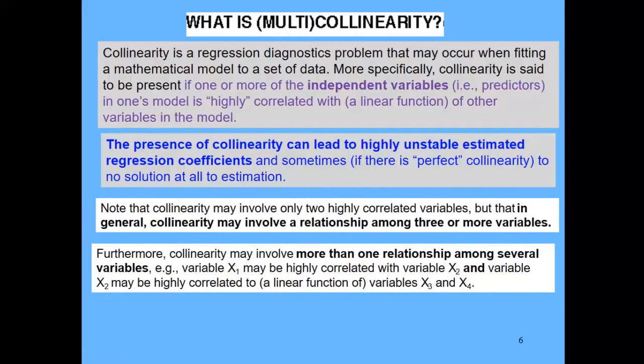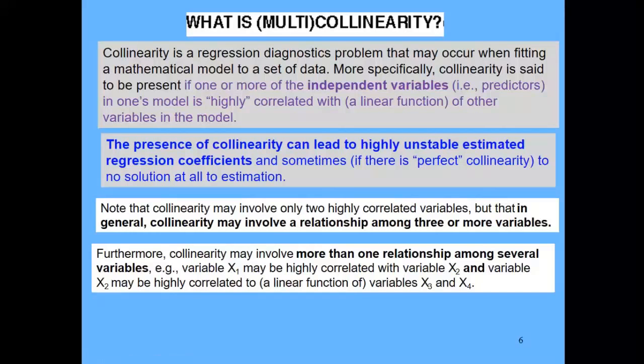Furthermore, collinearity may involve more than one relationship among several variables. You may have 10 variables in your model, X1 through X10. And when you assess collinearity, you may find that the variable X1 is very highly correlated with X2. So that looks like one collinearity problem, but you also may find that X2 is very highly correlated with some linear function, maybe the sum of X3 and X4.